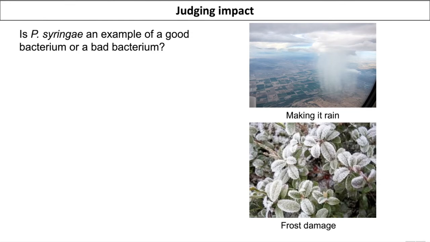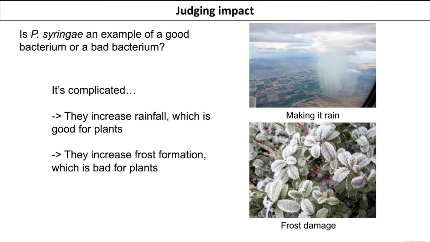So there's an interesting dynamic here where this organism can make it rain, and by making it rain can encourage plants to grow, but then it can also cause frost formation, which can then damage and weaken or even kill a plant if the damage is severe enough. So this organism can both help plants grow and it can, in some cases, be lethal towards plants. So it's hard to figure out exactly where to place it.